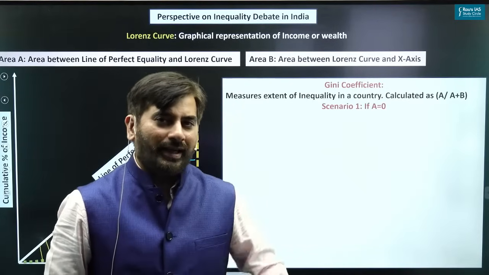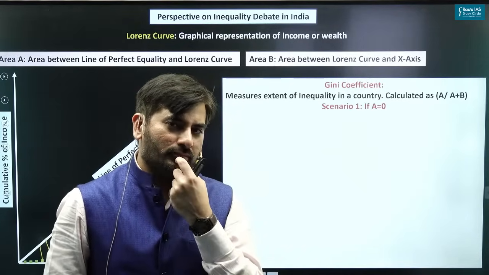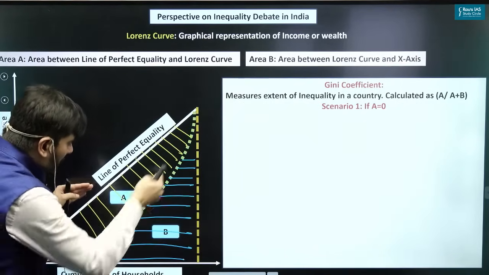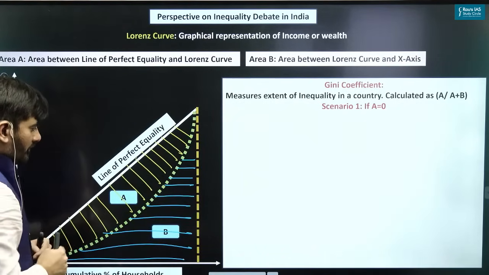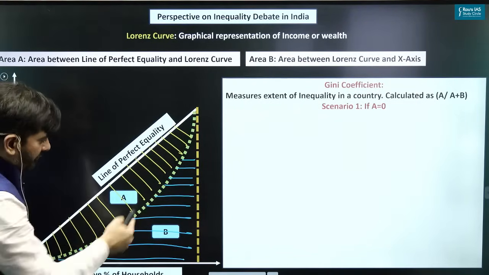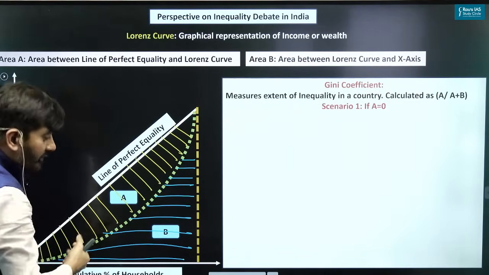Scenario 1. A is equal to 0. What do you mean A is equal to 0? I am saying this shaded area A is equal to 0. If this is equal to 0, think where will this Lorentz curve lie?